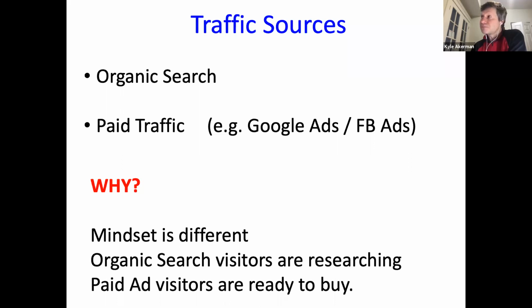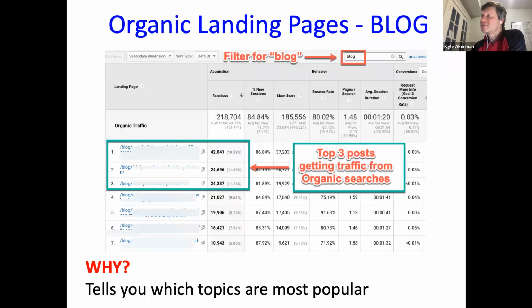And then this is a little more specific one for content creators. You might be interested in looking at your top organic landing pages and specifically a blog. So the way I did this was I'm using the organic traffic segment, and then I'm filtering landing page by blog.